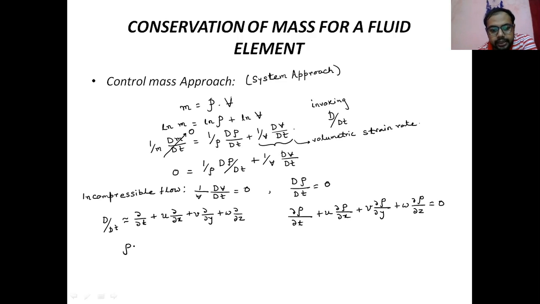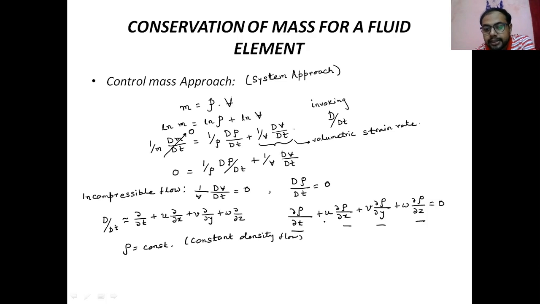If rho is equal to constant, then this term must be zero. So rho is not varying with t, rho is not varying with x, y, z. So this is a constant density flow. But not all incompressible flow is constant density flow.